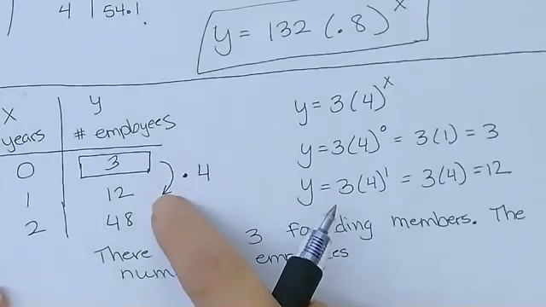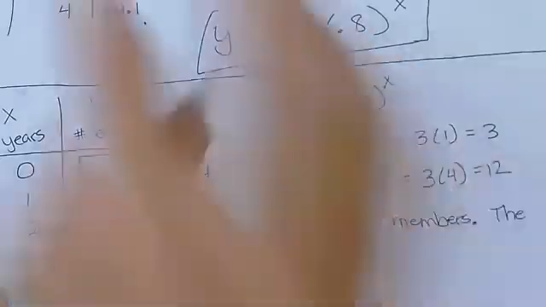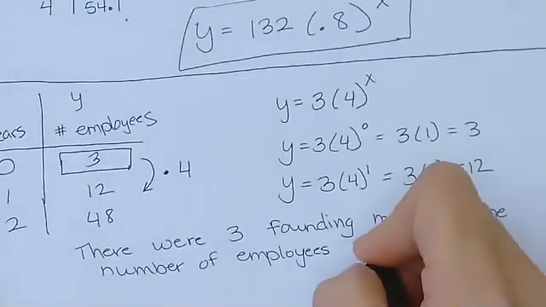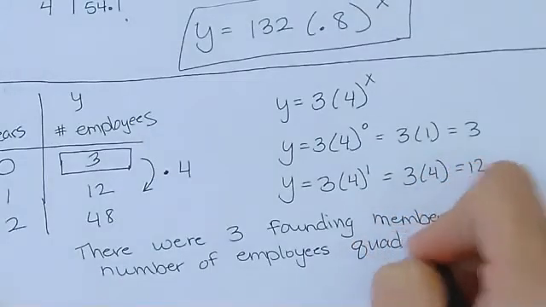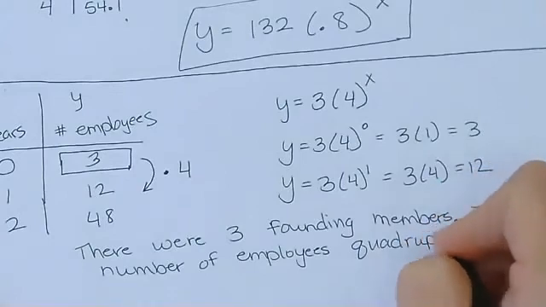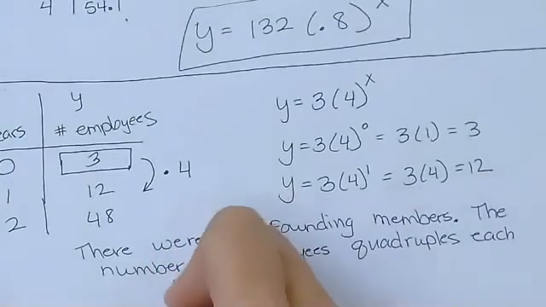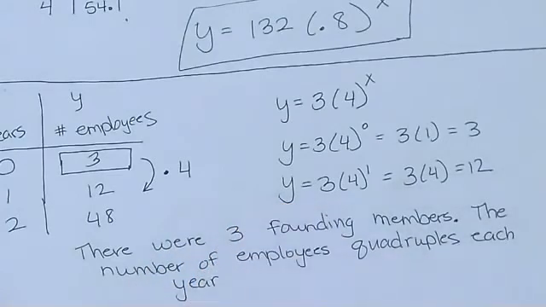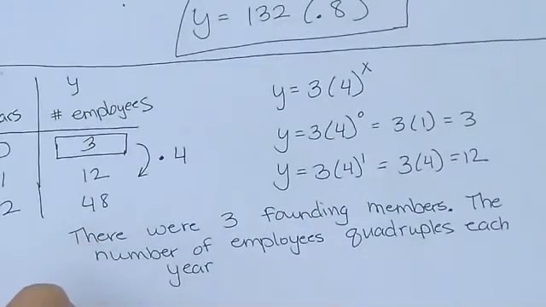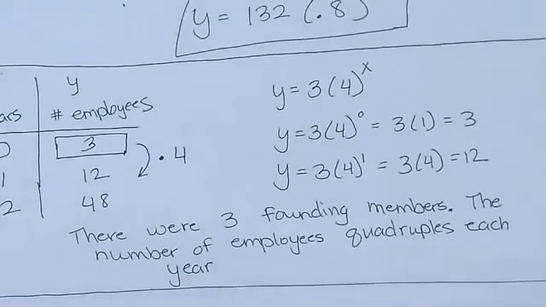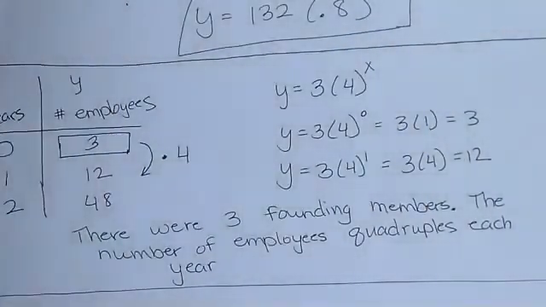So you can say the number of employees multiplies by 4 each year. Or here's a fancy word, quadruples each year. Quadruples is just a fancy word for multiplies by 4. But you can say multiplies by 4, that's fine. So the number of employees multiplies by 4 each year or quadruples each year.